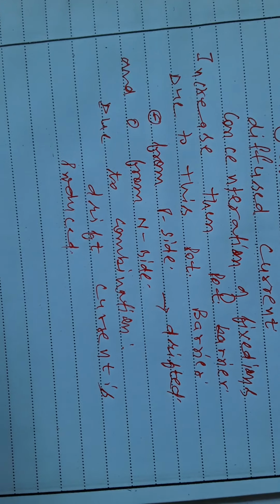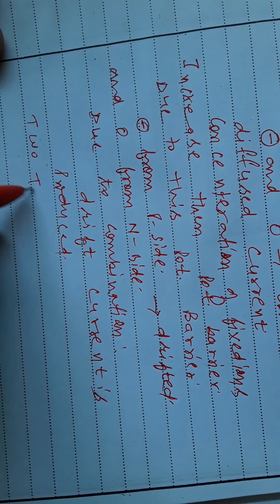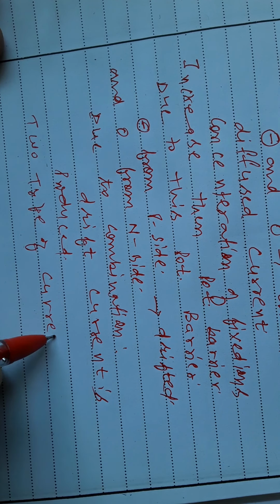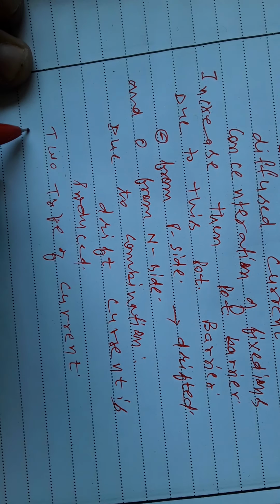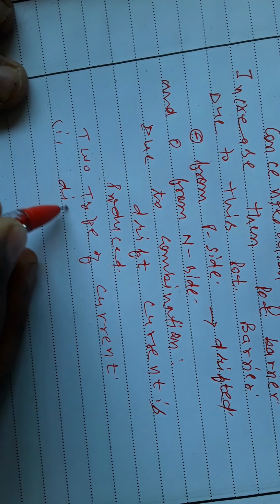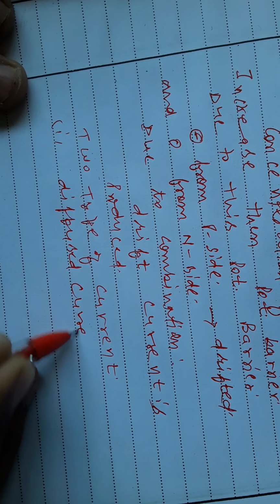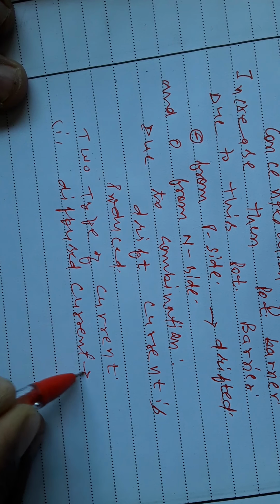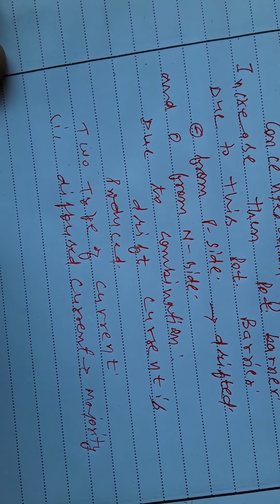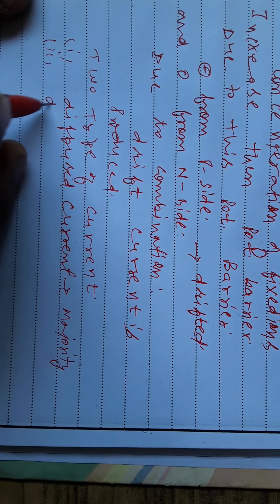So, in the PN diode, two types of current are produced. First is diffused current, it is due to majority ions, and second is drift current.